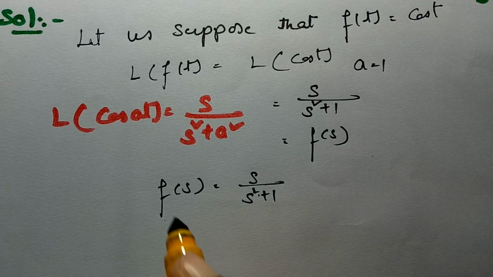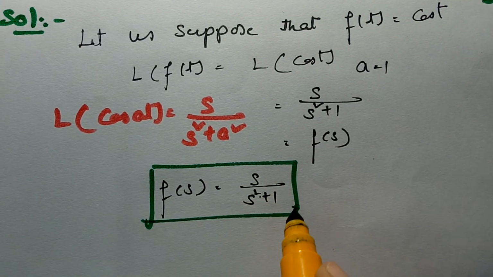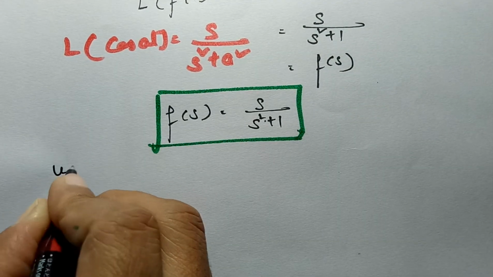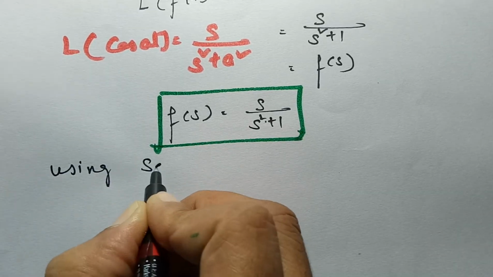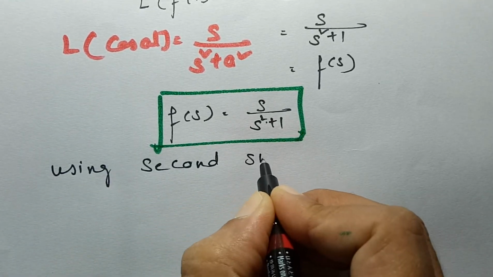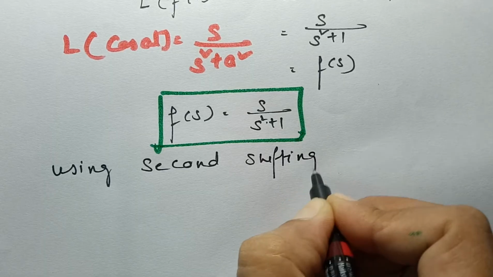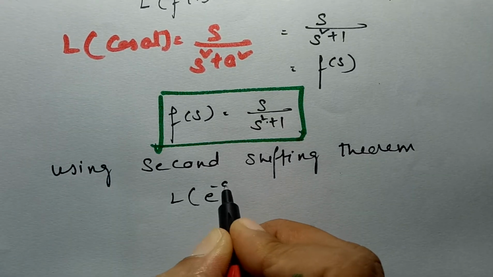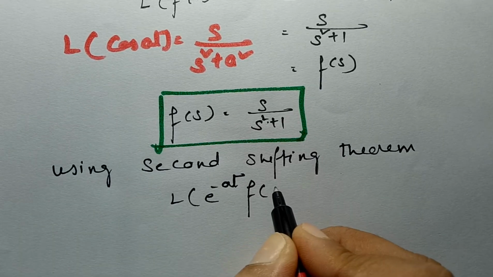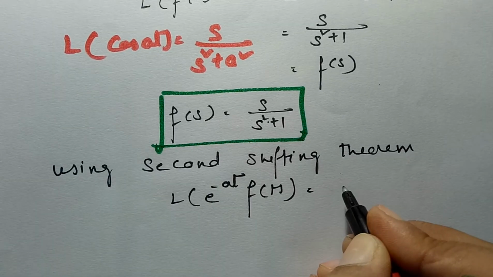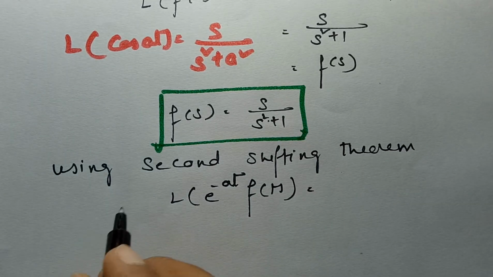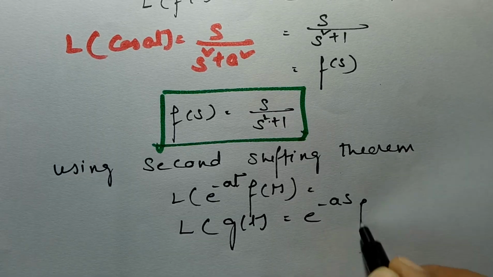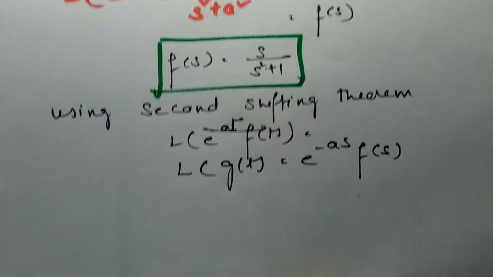So I'll keep this f of s ready and I'll apply the second shifting theorem. Using the second shifting theorem, Laplace transformation of e power minus at into f of t is equal to, Laplace transformation of g of t is equal to e power minus as into f of s.